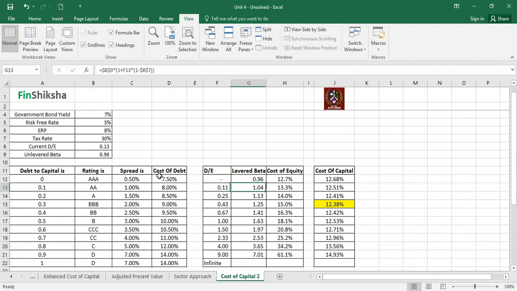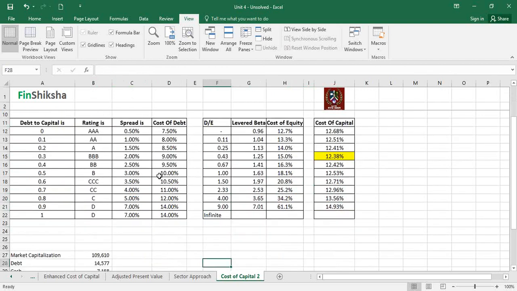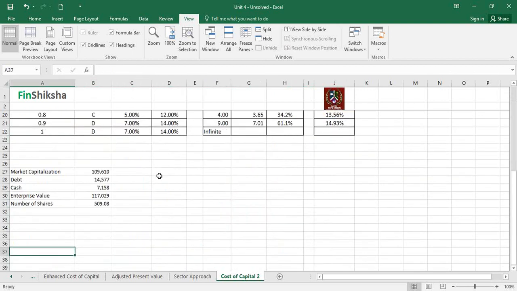Based on that, we identify that the new proposed debt equity structure should be 0.43. That's the proposed debt equity structure when we look at the total value that the firm has. And so obviously to reach 0.43, we will need to figure out what is the current debt to capital.